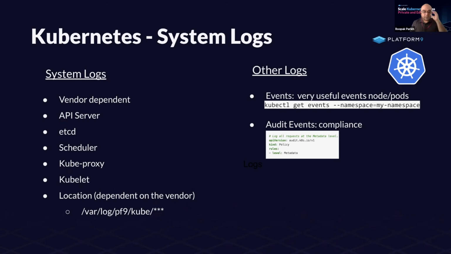So Rupak, the Kubernetes system logs are pretty critical, right? Because in the old days of a VM or a host running an application, I could SSH over, I could look at var log messages, I could look at syslog, I could look at application logs that are all inside of there, right?